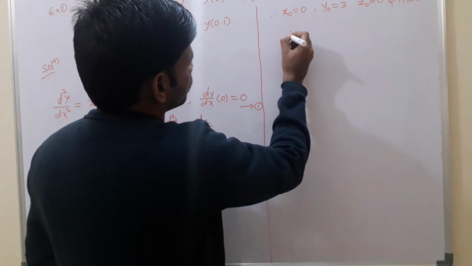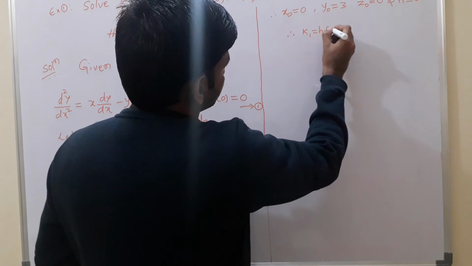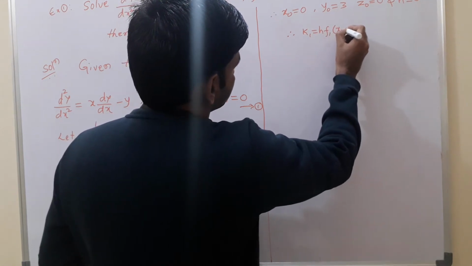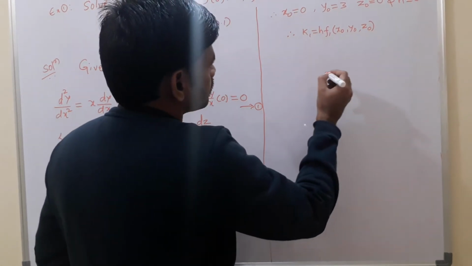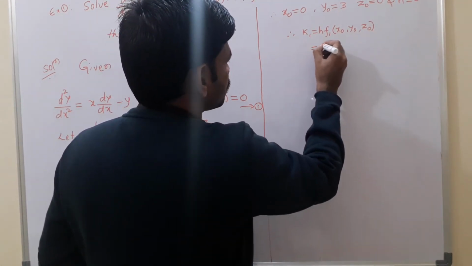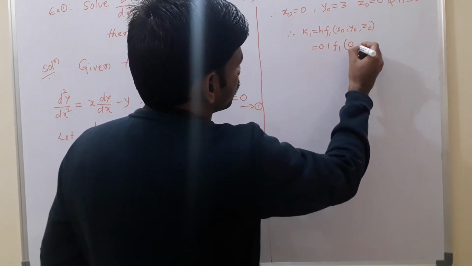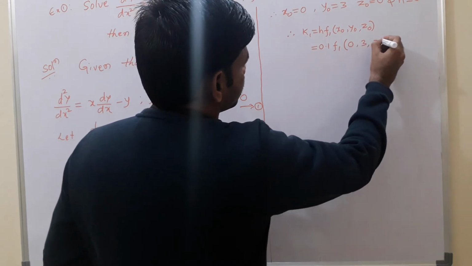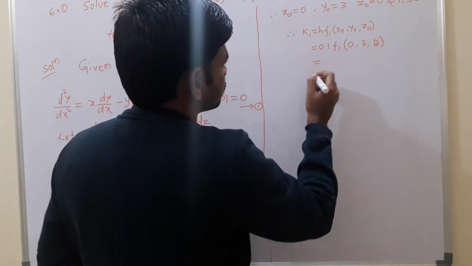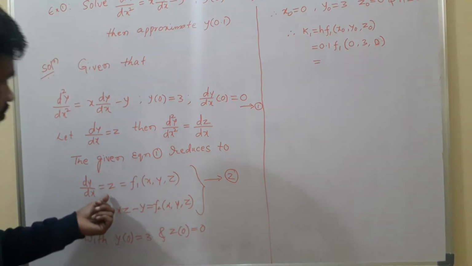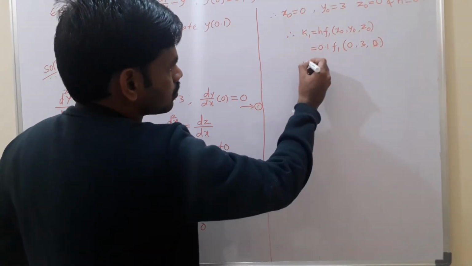Therefore k1 equal to h into f1 of x naught comma y naught comma z naught, that is equal to 0.1 into f1 of 0 comma 3 comma 0. So the first function is z, z is 0, we get k1 equal to 0.